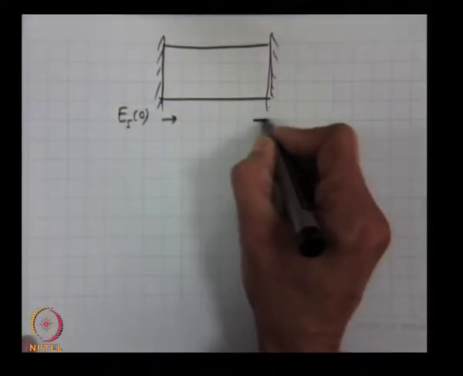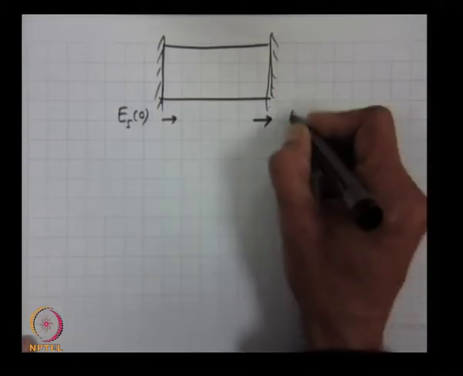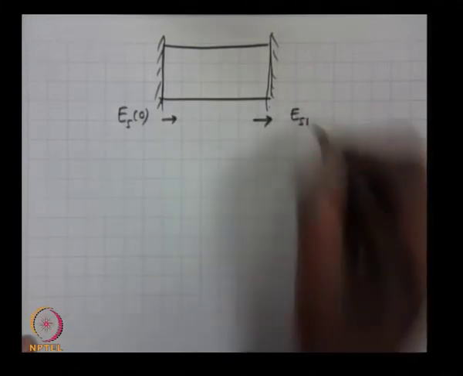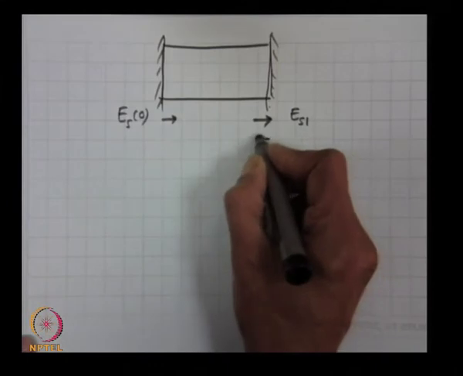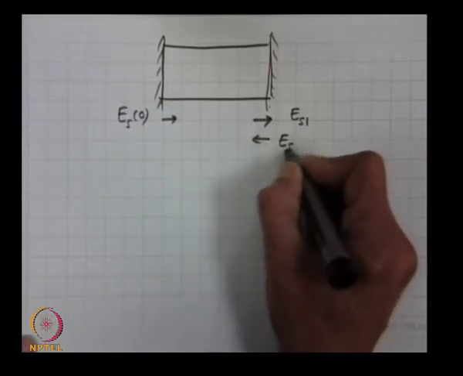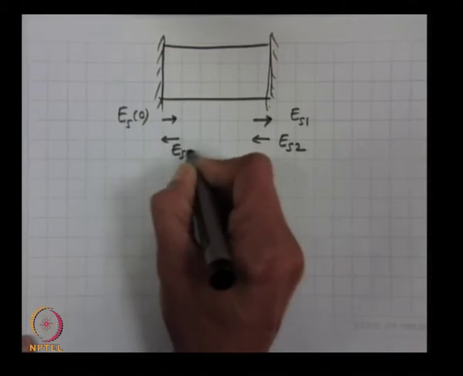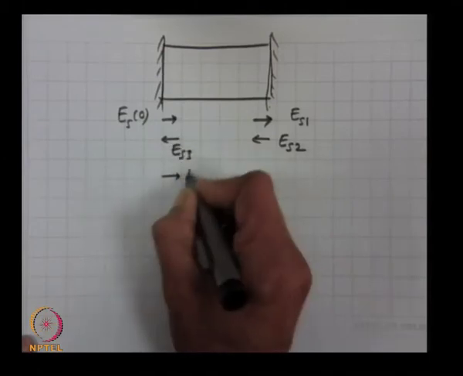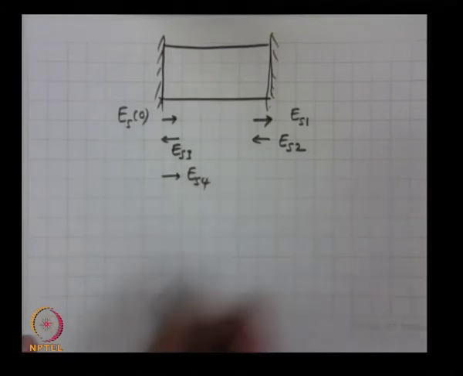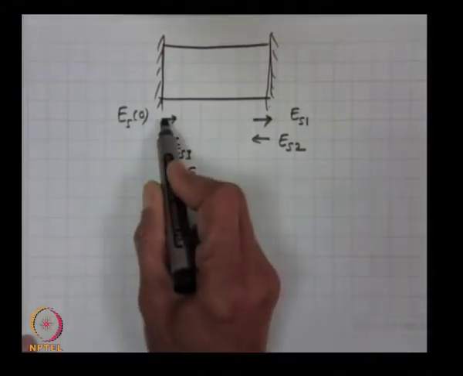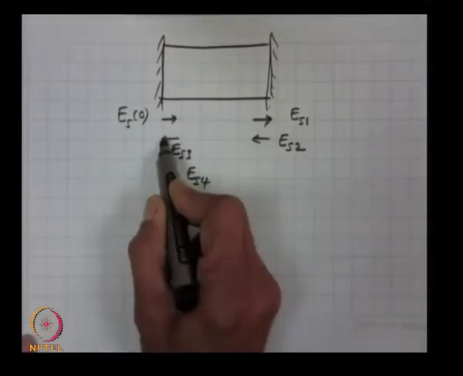At this mirror, the amplitude incident is ES1. The amplitude reflected is ES2. The amplitude incident here is ES3, and the amplitude reflected is ES4. That's one round trip. It starts from here, goes, gets reflected, comes back, gets reflected, and comes out.